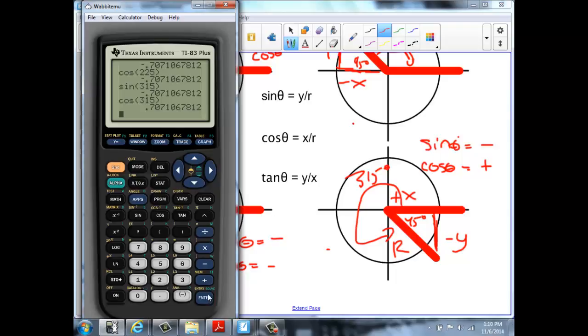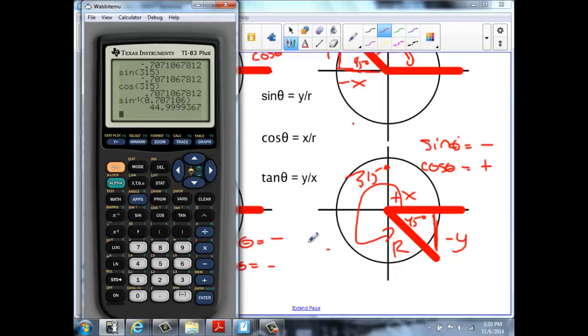Okay, here's where the twist comes in. What happens if I work backwards? What if I want to inverse sine that 0.7071106 number? If I were to inverse sine that, it should give me an angle. Does that make sense? Sure. Here's the problem. Which angle is it going to give me? Well, it could give me any angle. When I do this one, it gives me basically 45 degrees.